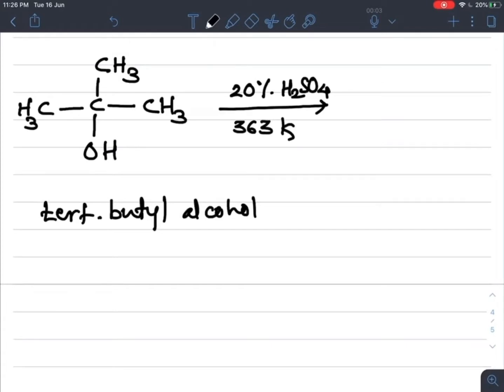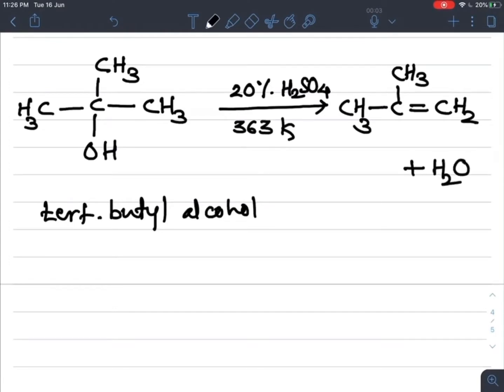Now how does the dehydration take place? See, the OH of this carbon combines with H of this carbon. So here H2O is removed and this single bond is converted into a double bond. So what is the product formed here? This CH3, CH3 as it is, here double bond CH2, plus removal of this water molecule.